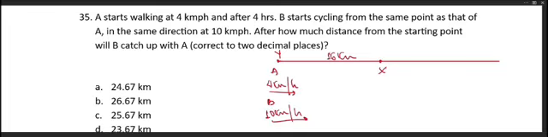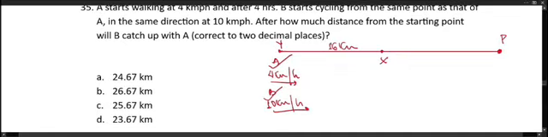After how much distance from the starting point will B catch up with A? Let's say they will meet at point P. Both A and B will take the same time to reach point P. Therefore, when time is constant, the ratio of speed and distance remains the same.